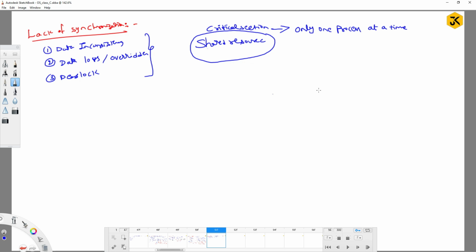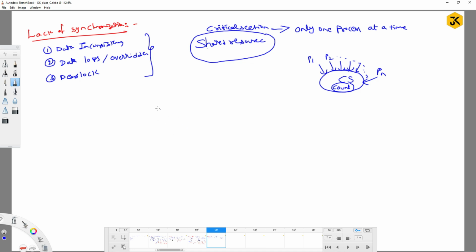Even if you get n number of requests, like p1, p2 and so on up to pn, for the shared resource, something like a count variable, only one particular process is allowed into the critical section, so that we can eradicate these three problems.